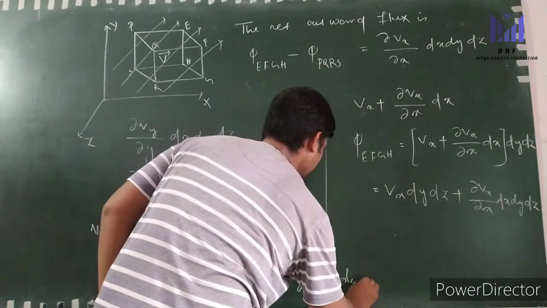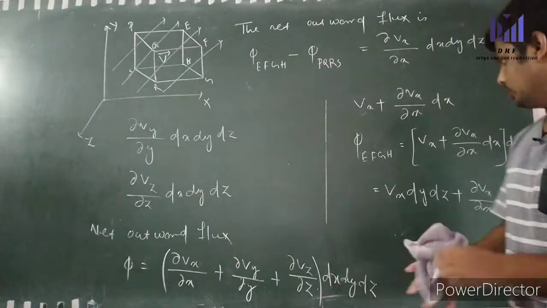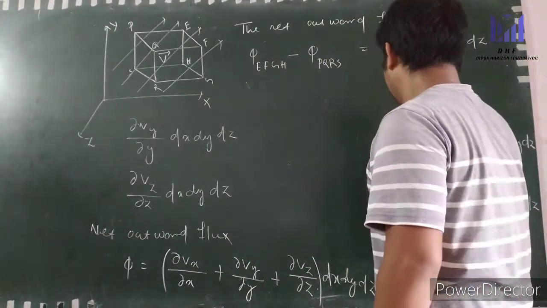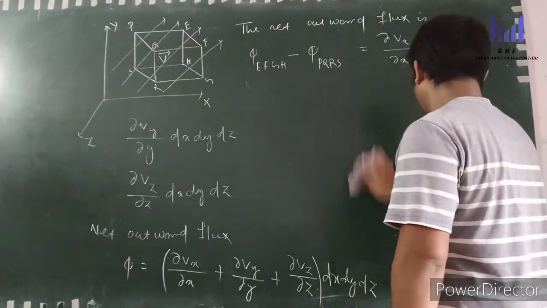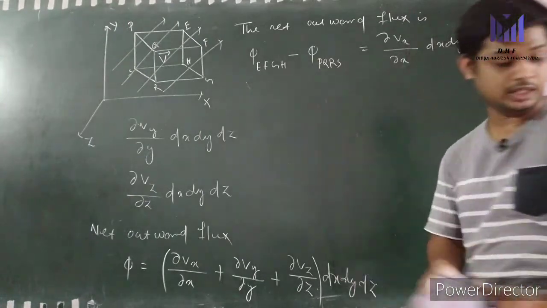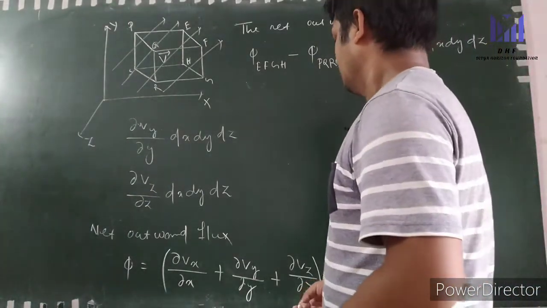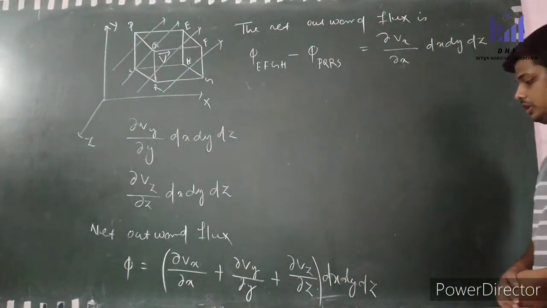And from the definition, remember the definition, I have said that the divergence is defined as the net outward flux per unit volume. At the beginning I said that the divergence is the net outward flux per unit volume.